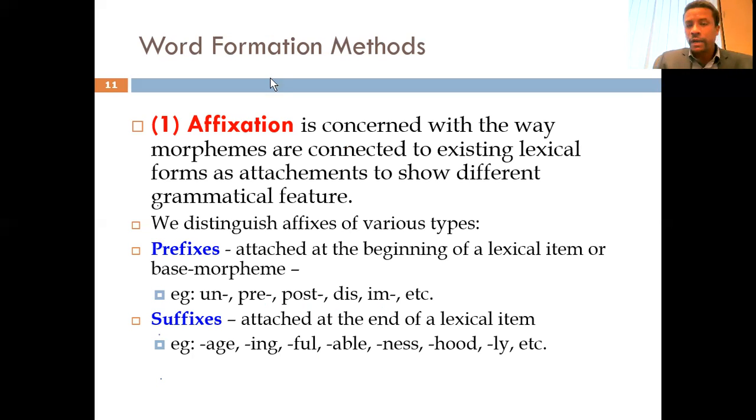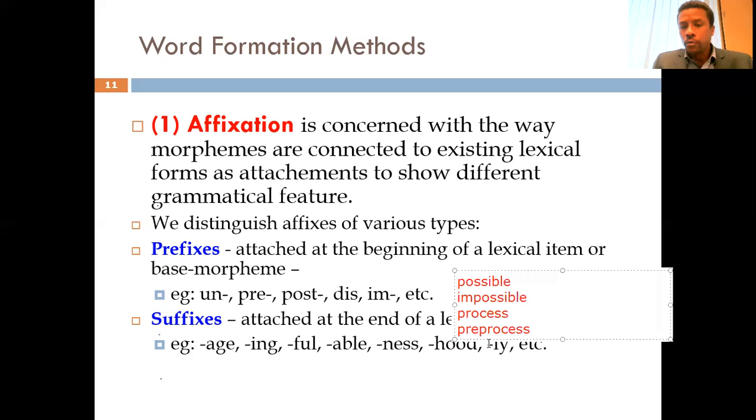So you can have a word like possible, but you can say impossible. It's a negative marker, but it is a morpheme that is attached before the word. You can have the word process, but you can also say pre-process, you see? So morphemes like pre, im, post, dis, an, we call them prefixes because they appear before the word.